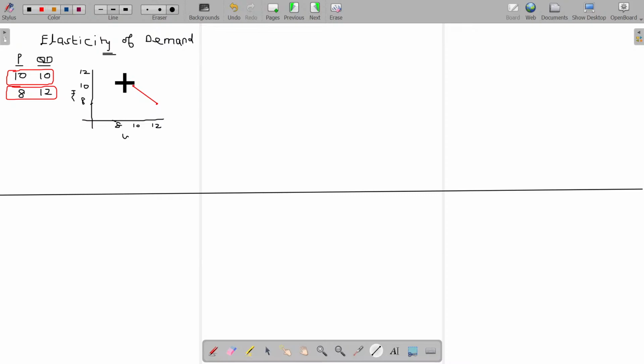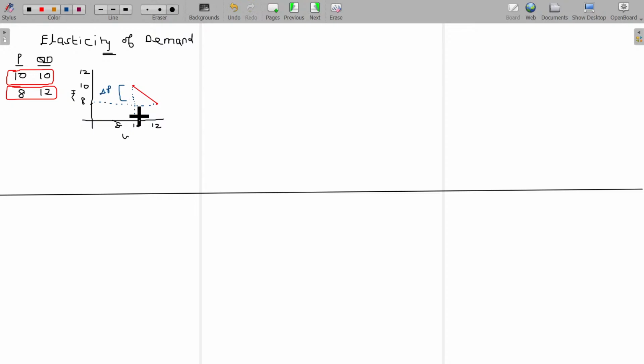Listen. The magnitude of change, this one is the change in price.